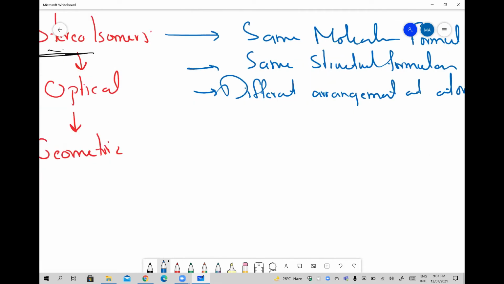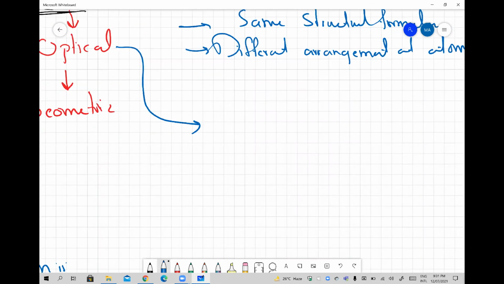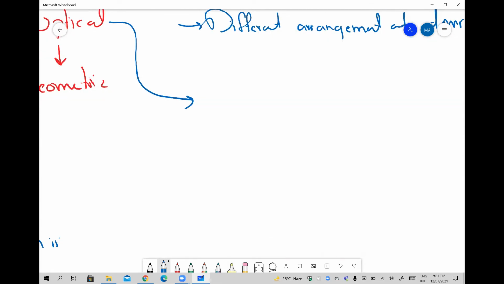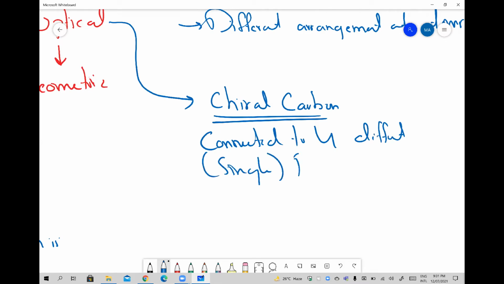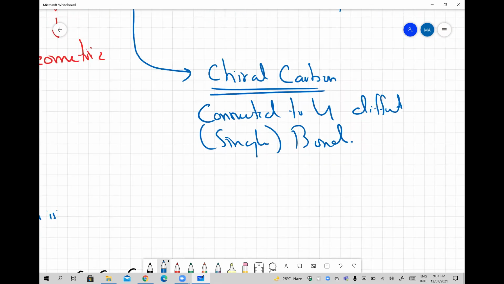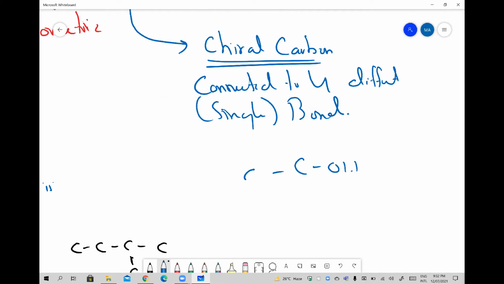Optical isomers are all those isomers having a chiral carbon. A chiral carbon is basically a carbon that's connected to 4 different single bonds. For example, a carbon connected to OH, connected to another carbon, connected to hydrogen, connected to another carbon having C double bond OH.